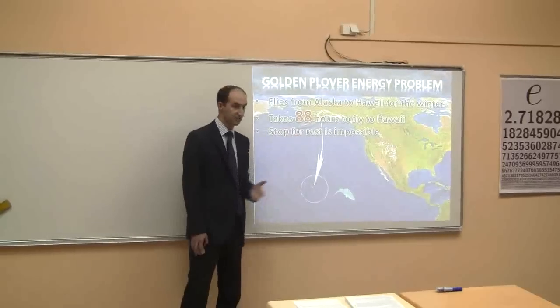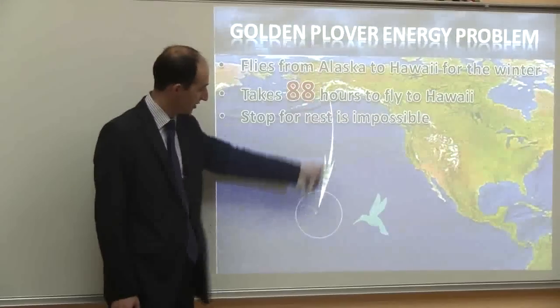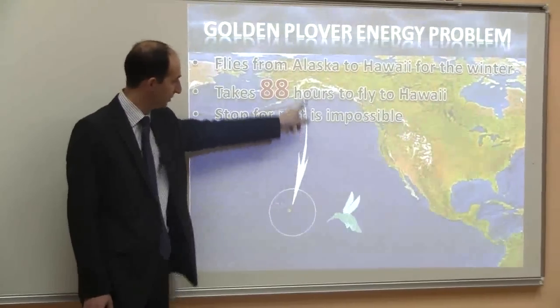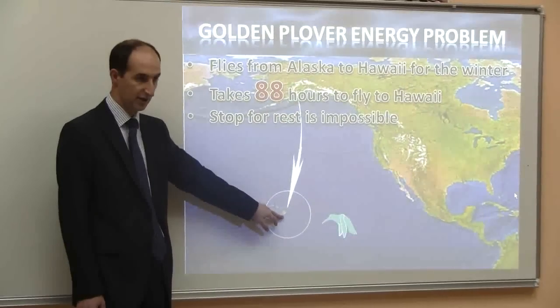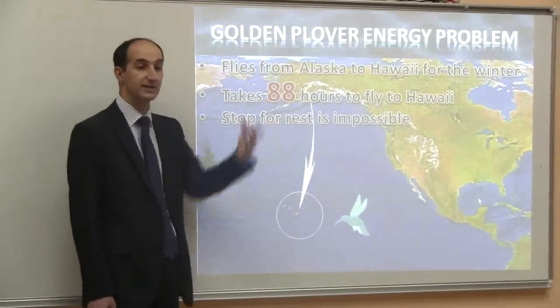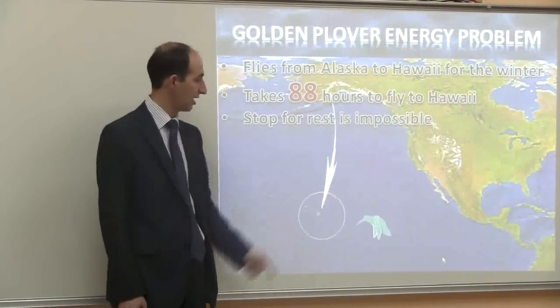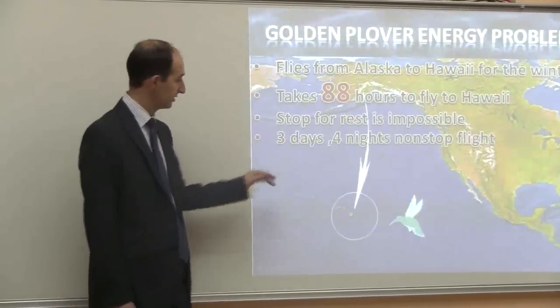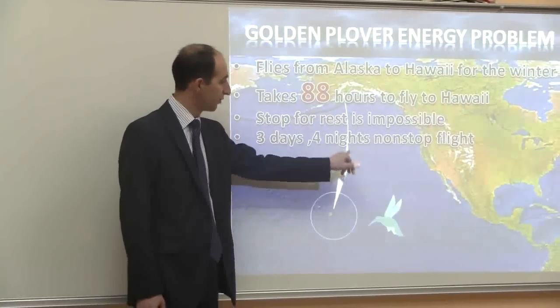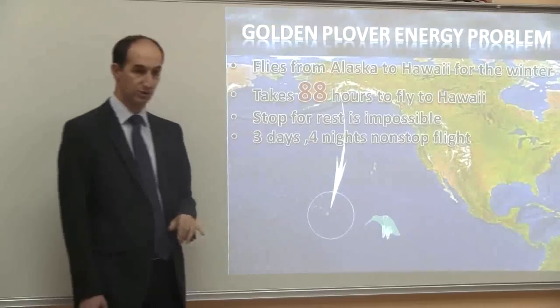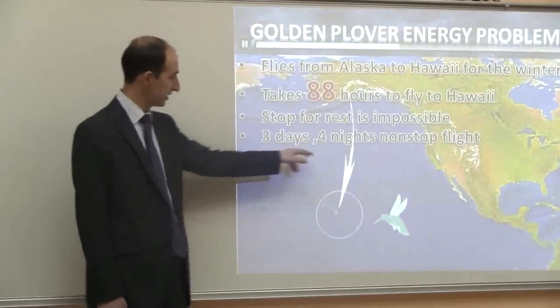And stopping to rest is impossible. Why? As you can see, there is no land between Alaska and Hawaii. And they cannot swim. So it's a non-stop flight. 88 hours. And it takes 3 days, 4 nights, non-stop flight.